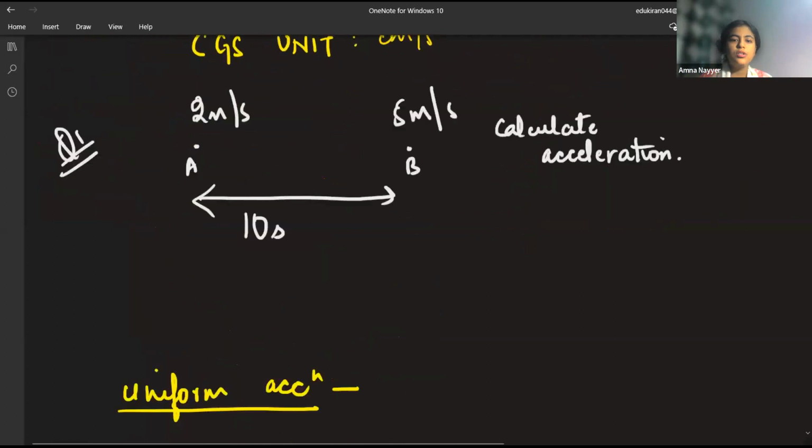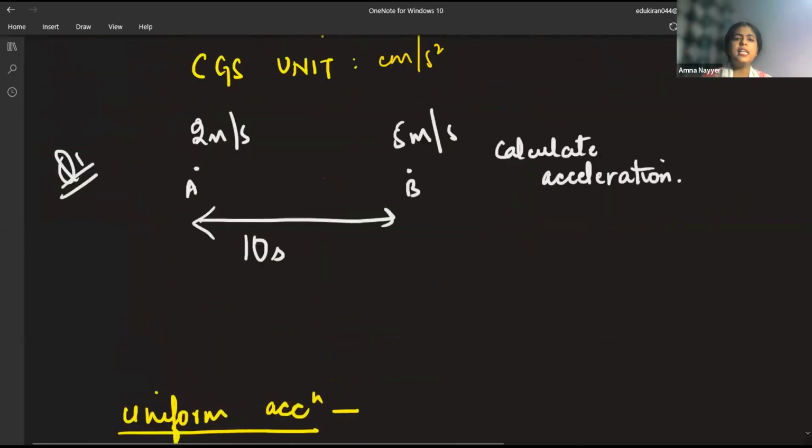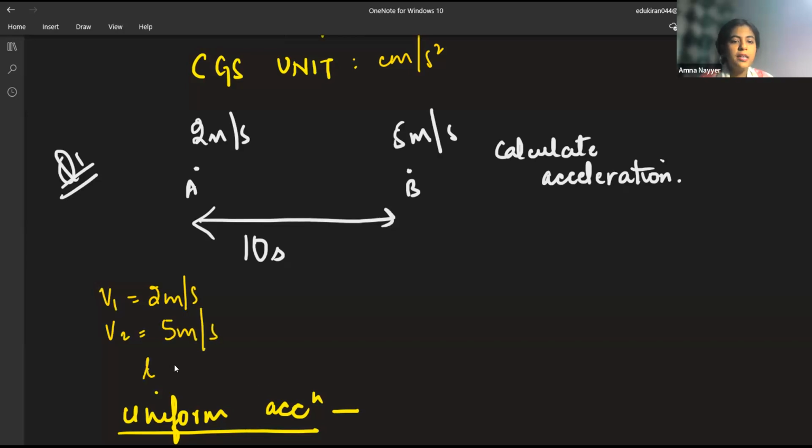So directly, this is a very easy question, class. Initial velocity V1 is given as 2 meter per second. Final velocity is given as 5 meter per second. And time is given as 10 seconds. You have to find out the acceleration.